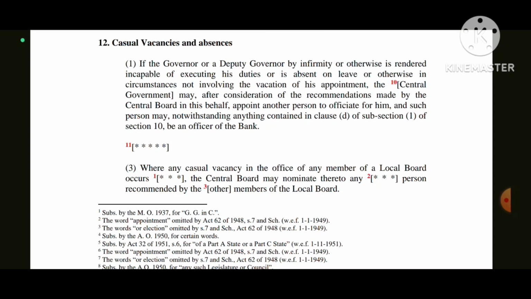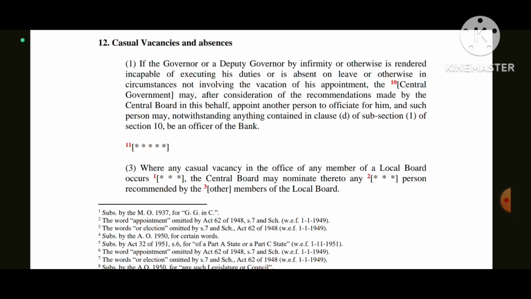So if the governor or a deputy governor is absent on leave or otherwise in circumstances not involving the vacation of his appointment, so in his appointment letter, if it is given that he cannot be absent for this task, and he is found unavailable, then the central government may, after considering the recommendations made by the central board in this behalf, appoint a person to officiate for him.